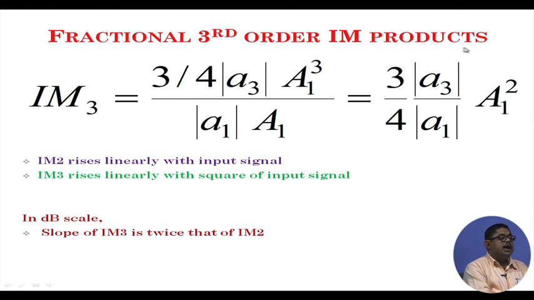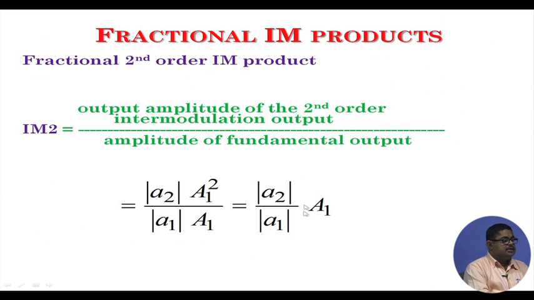Now, fractional third order IM products, IM product is this and the fundamental one is this. So, it is A1 square. So, I can say IM2, just before what we have seen, second order intermodulation product fractional part rises linearly with input signal, because previous one we have seen that it is simply proportional to A1.